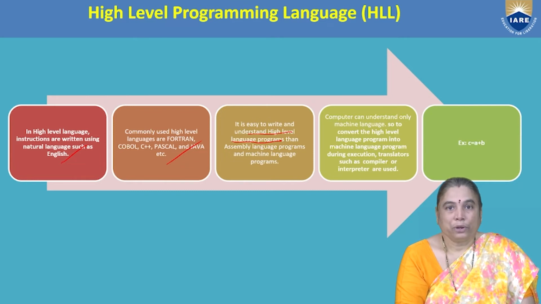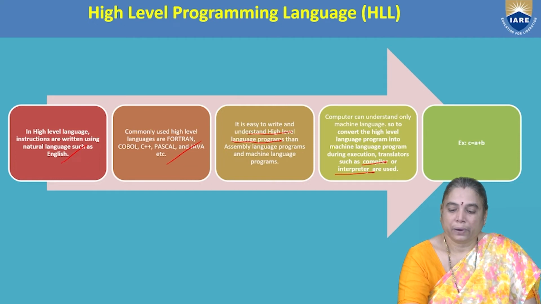So the computer can understand these languages very quickly, which facilitates detecting and identifying errors. But the computer can understand only the binary language or the machine language, while these high-level programming languages are written in natural language like English. So here also a converter or translator is required, which is called a compiler or interpreter.